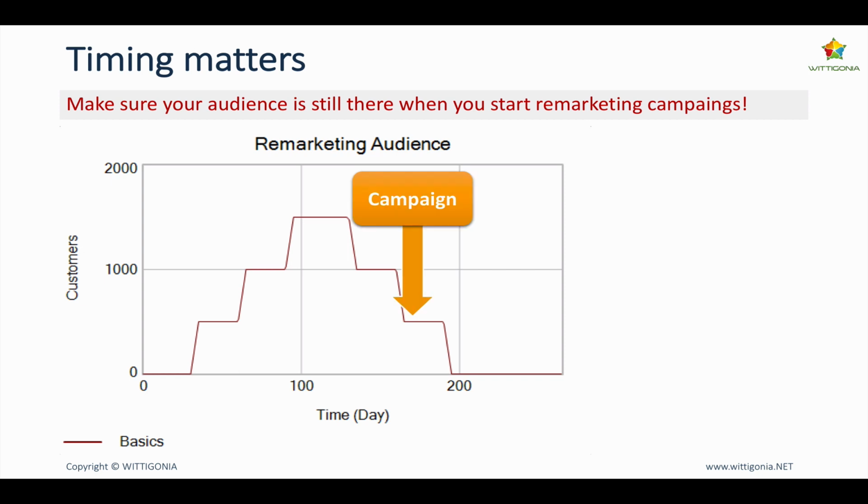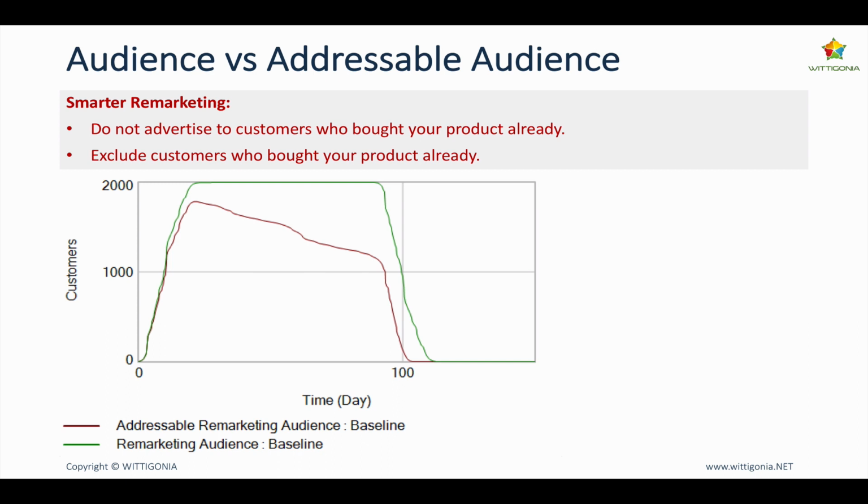One thing is very obvious. Let's say you have a remarketing list and you start your next campaign pretty late in the game when the audience list is winding down already. You're getting into a danger zone, because then you will have few customers to work with from that campaign. So it's important to know what is the shape of your remarketing audience over time. And that is an important consideration.